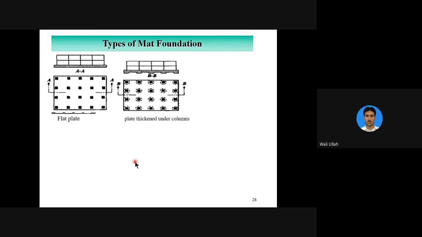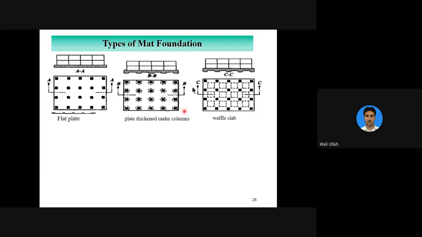Another option is to provide beams below the columns. These are the column lines. You have provided this beam, this beam, this beam, this beam, right? The thickness of the mat here is small, but because you require greater thickness below the column, you have provided beams.